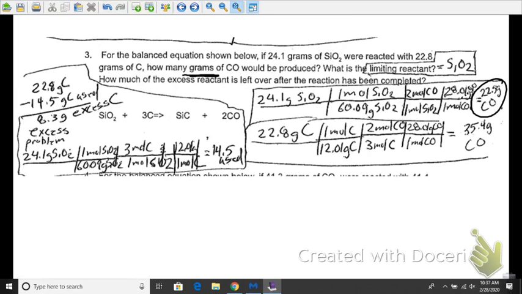We could go to our product and go backwards. Yeah. Some students can do that. I don't want to show it too many different ways. But what Drew's saying is you could take the 22.5 grams of CO and go back to grams of carbon, and then that value is what's used up. So you can do it that way.